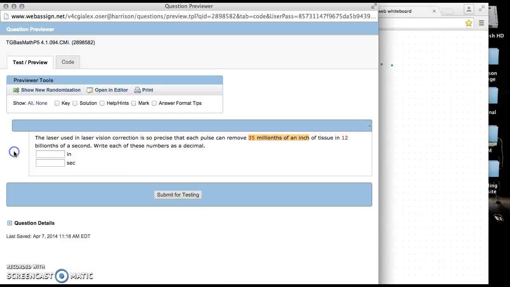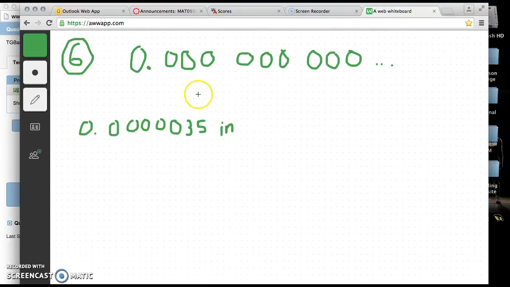So it said that this would happen in 12 billionths of a second. So we need to find our billionths value. So remember, we have our tenths, hundredths, thousandths, 10,000ths, 100,000ths, millionths, 10 millionths, 100 millionths, and this is our billionths right here. And it said that it occurred in 12 billionths. You always start your number at the same value here. So this would be 12 billionths.